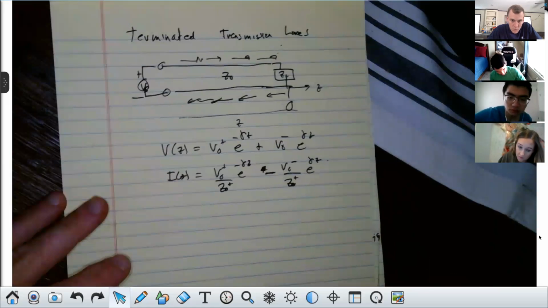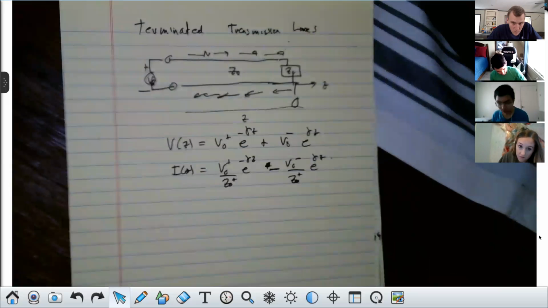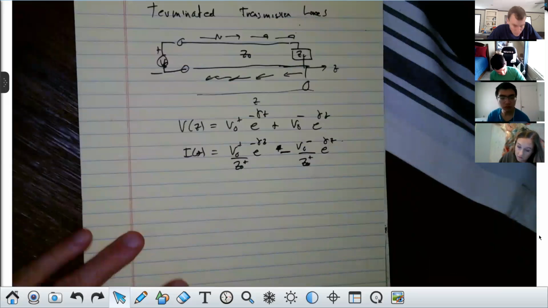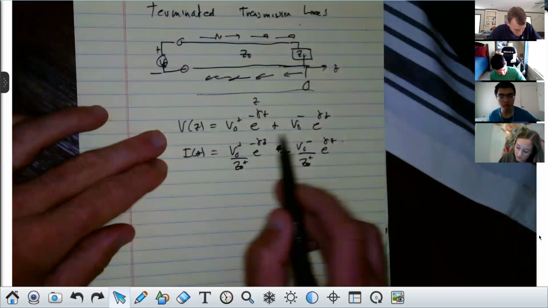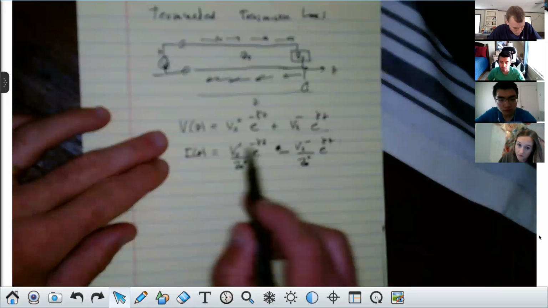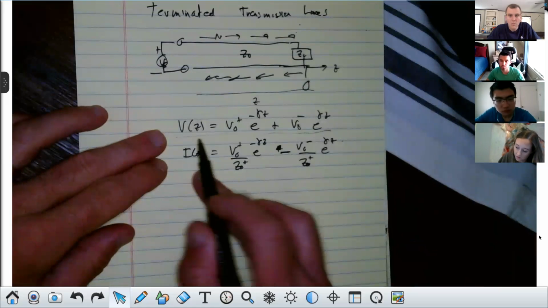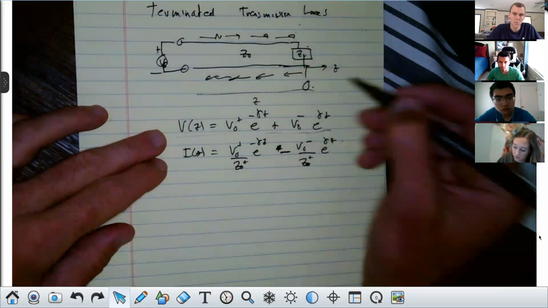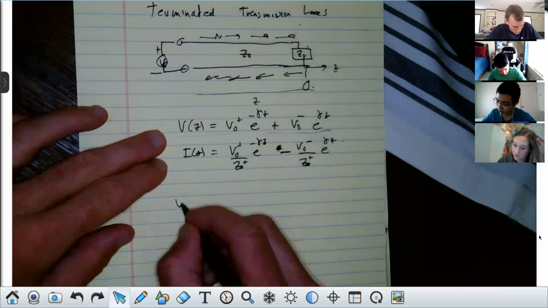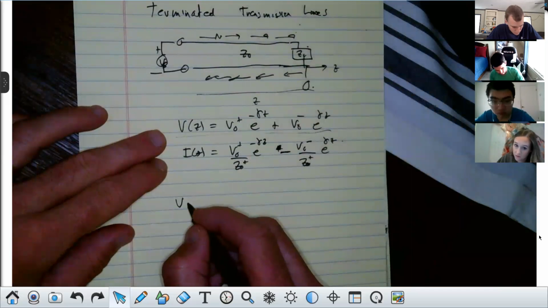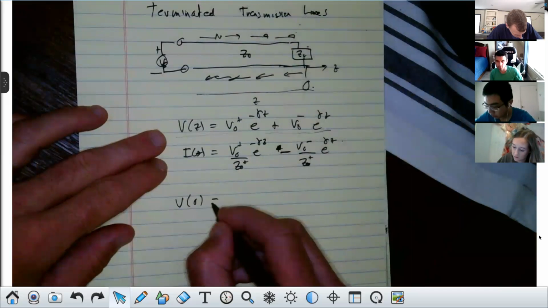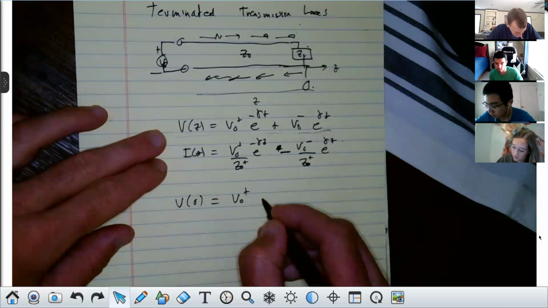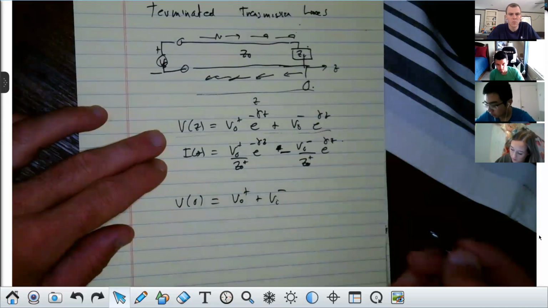So here's a couple of things that come out of this, and I want you to pay attention. This is real important. When I'm looking at this equation right here, I know the voltage that's going to be at the load, right? At the load here where z equals 0, V at the load, or at 0, will be equal to just V0 plus V0 minus, right?